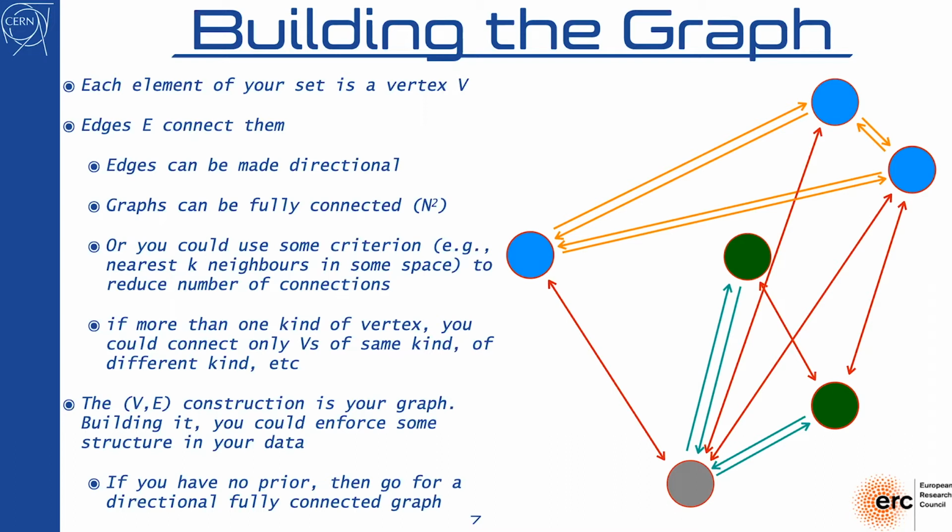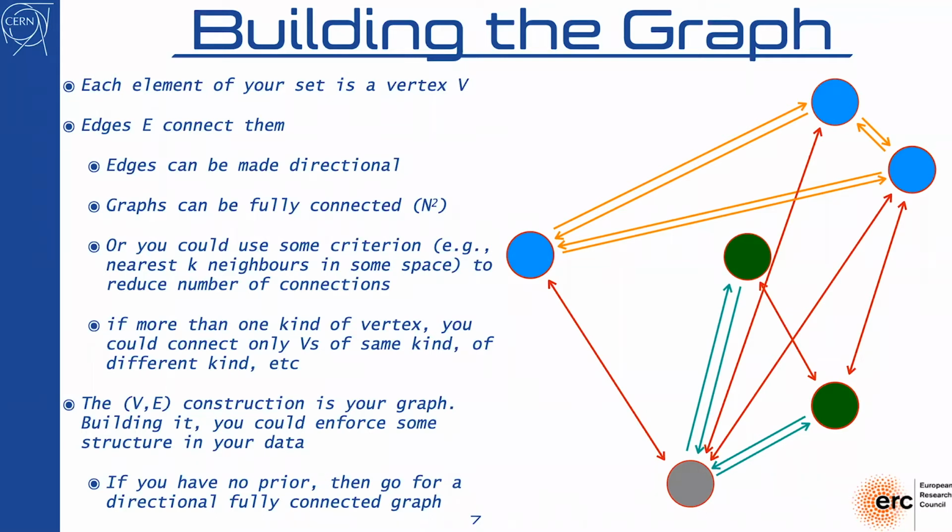Okay, you would prune your network. Here you can do it by construction. You could even decide that you do it geometrically. So for instance, you connect the nearest k neighbors in some space that can be the physical space or an arbitrary space.